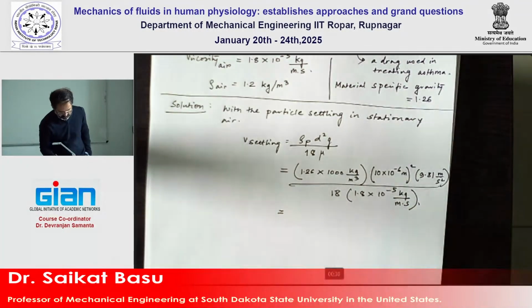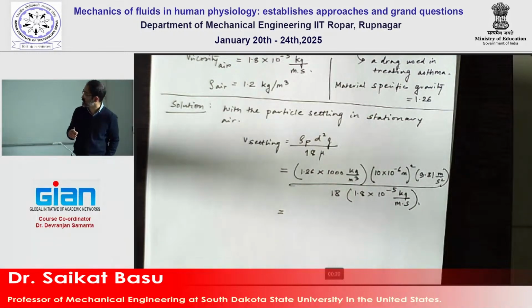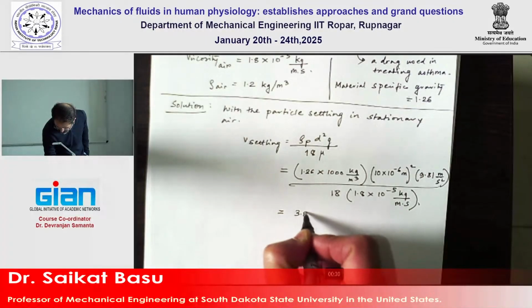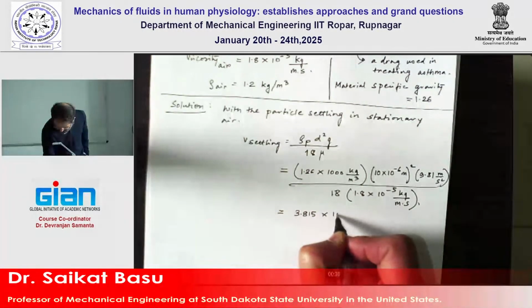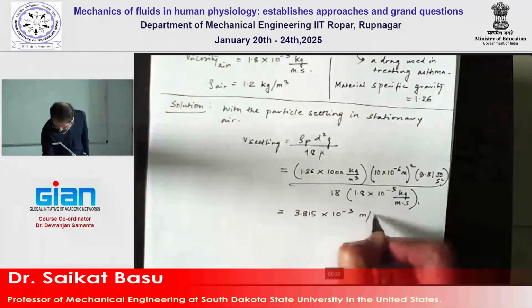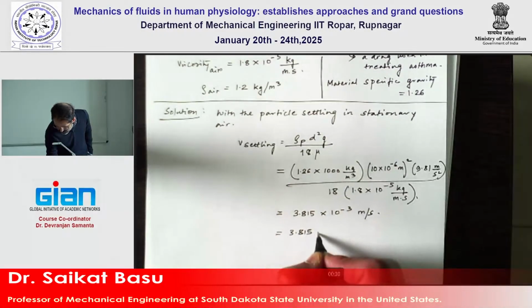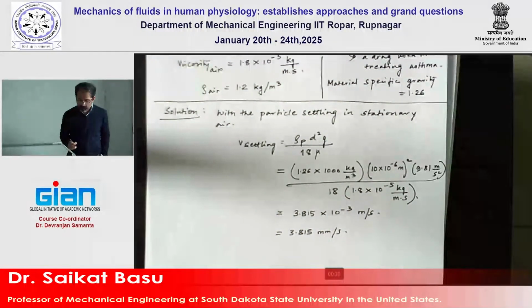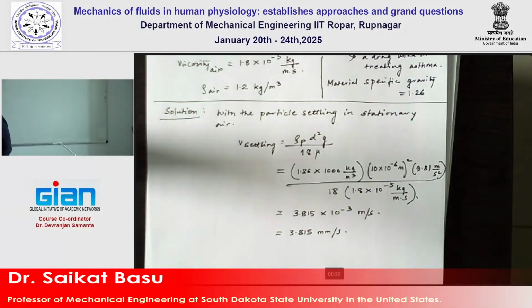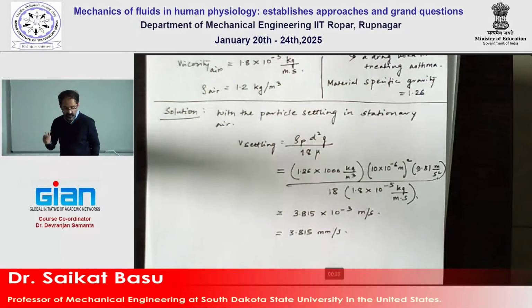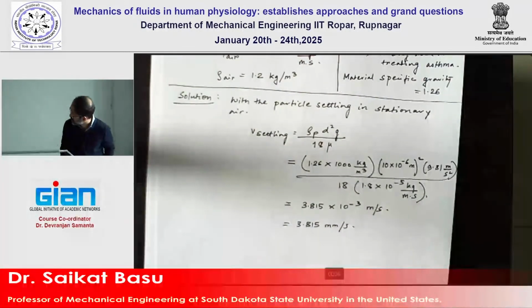If you had calculators, anyone has a calculator here? So do the calculation, because I want my work to be double checked as well, because my answer might be wrong. What I have here is 3.815 times 10 to the power of minus 3 meters per second. So if that is the settling velocity of the particle, then we can directly put it into the Reynolds number formulation to get the Reynolds number, which is what this problem had asked us to find.